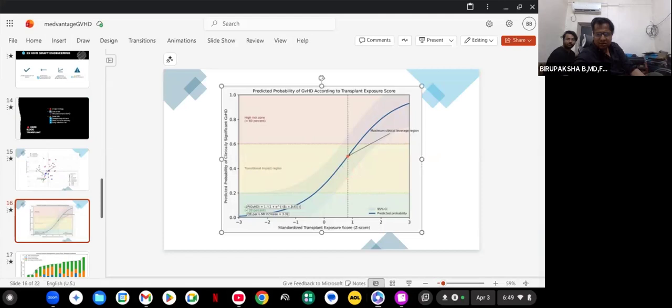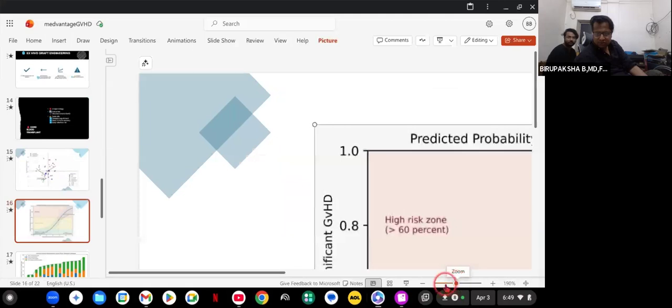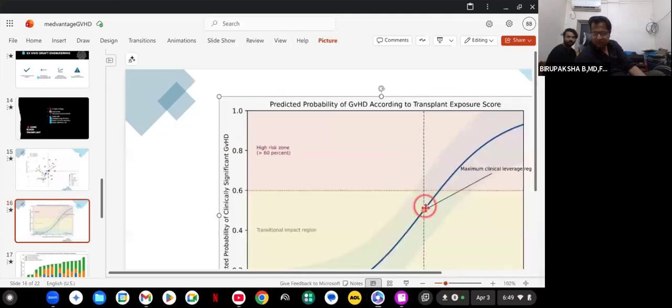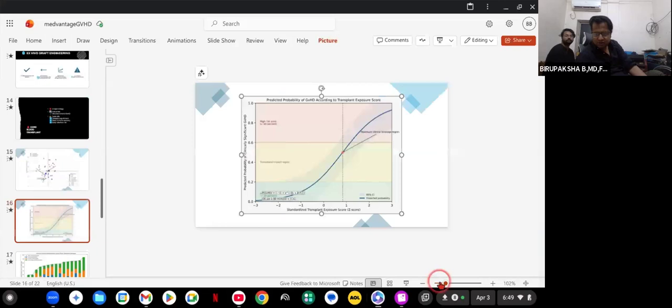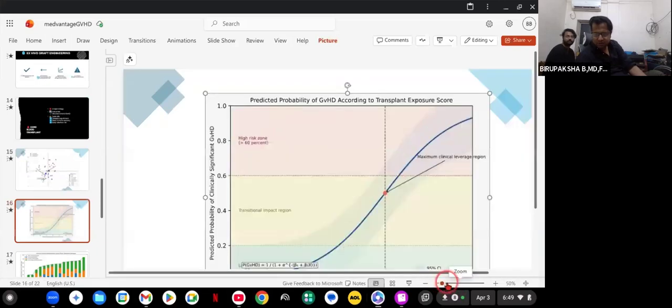Do I get at this thing? No. I believe I can increase the slide size. Yes, I can zoom in. This part. It's gonna pull it down. So now, from my studies, from my research, it brings down to 50%.